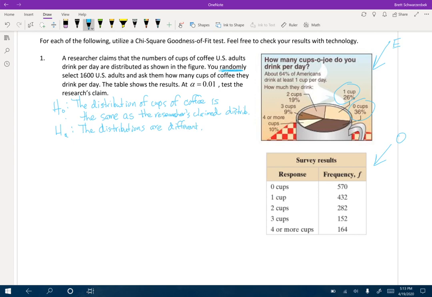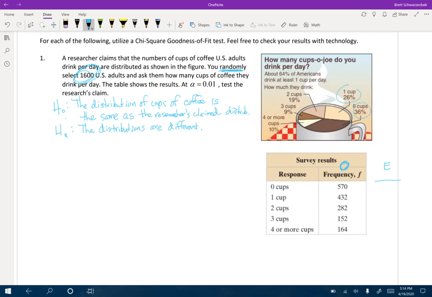Okay, so after the null and alternative, what do we always concentrate on? We concentrate on our calculations, right? So what do we need? Well, we have our observed counts, so these are our O's, so we need our E's. We need to take our total U.S. adults, which is 1,600, and we have to multiply by each one of the percentages.